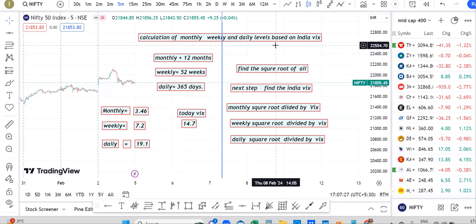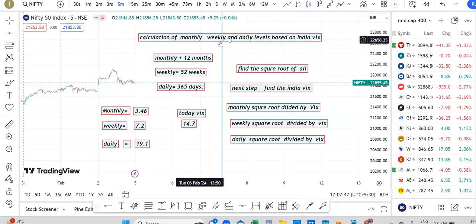I'm Nalnakshi Swami here. On viewers' request, I'm bringing out how to calculate the monthly levels, weekly levels, and daily levels based on the India VIX. For the calculation of monthly, weekly, and daily levels, it is based on India VIX.